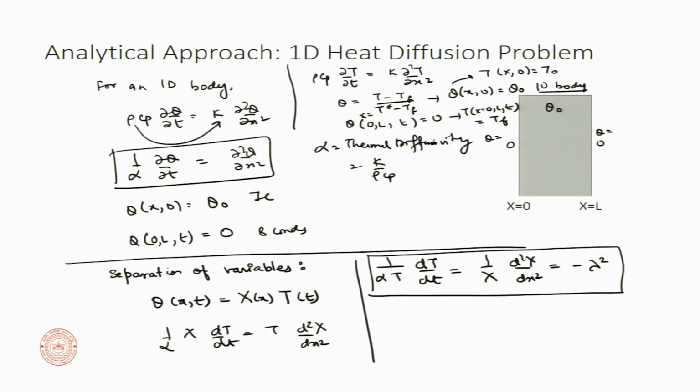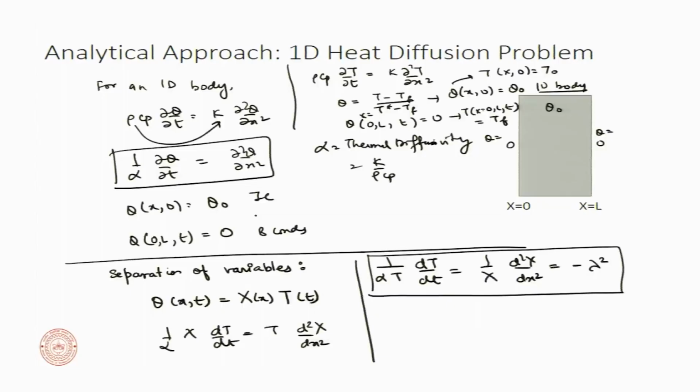So our wall temperature is Tf, and our initial condition is T naught. Accordingly, our equation comes down to our initial condition as theta naught, and our wall condition at x equals 0 comma L as 0.